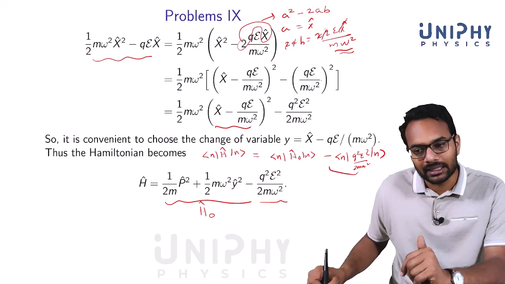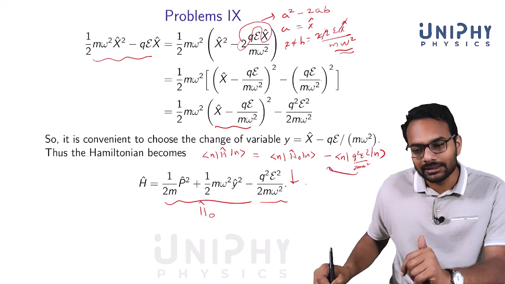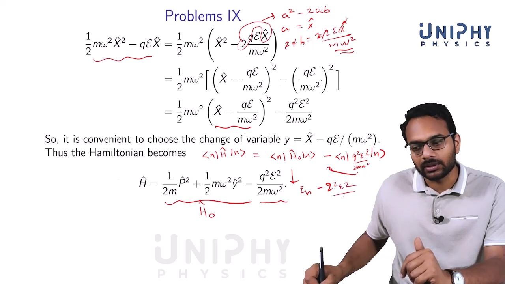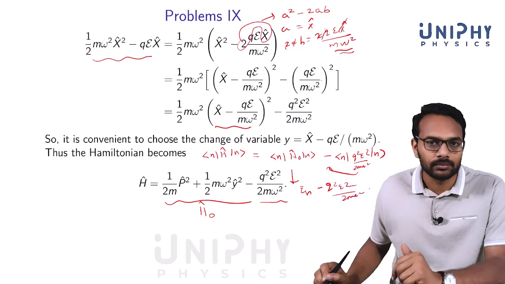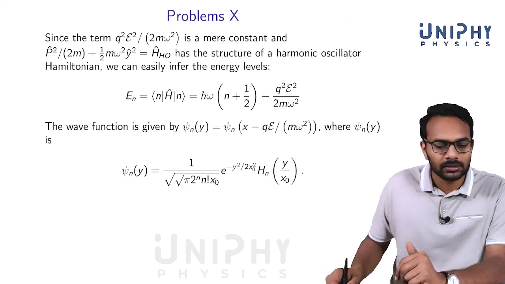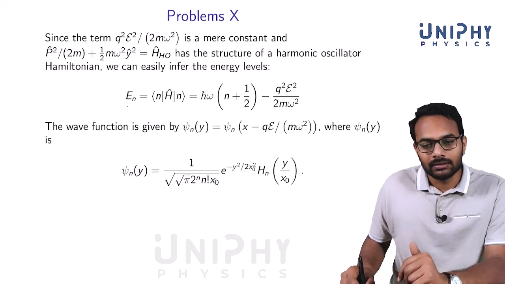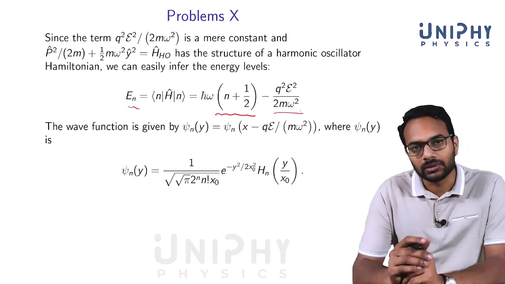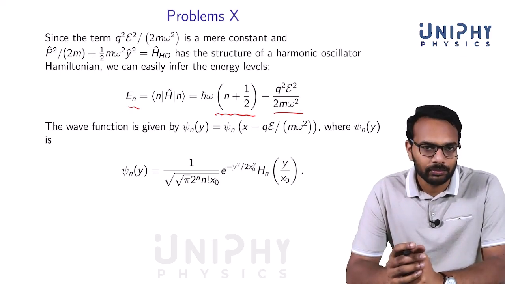Now this is just a number, it can be pulled out. So this is En, we know that, minus q square epsilon square divided by 2m omega square. So that's the answer we have here: En is h cross omega (n plus half) minus q square epsilon square divided by 2m omega square.